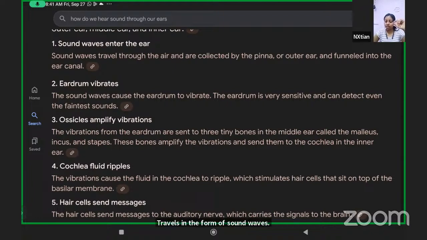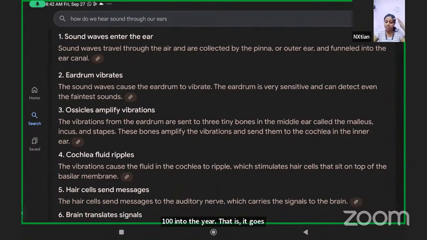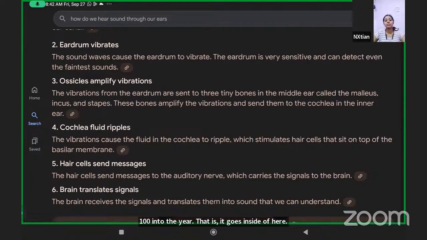Then it travels through the air and is collected by the pinna, our outer ear, and funneled into the ear canal, that is, it goes inside our ear. It sounds like a Rube Goldberg device.